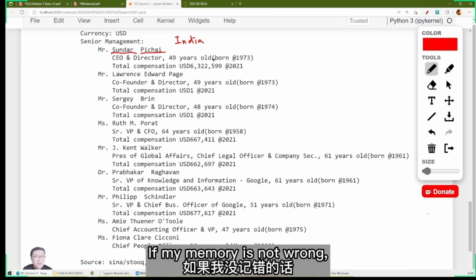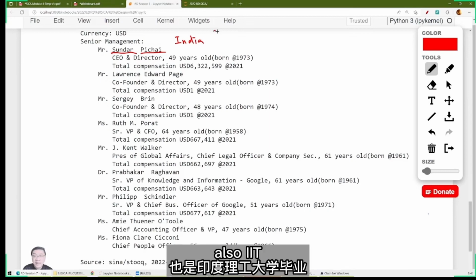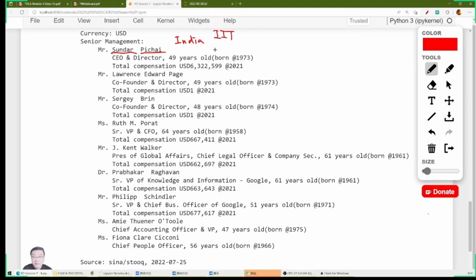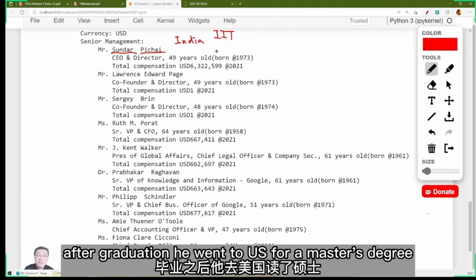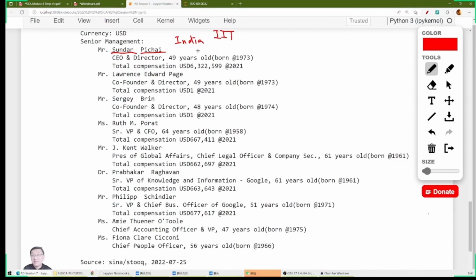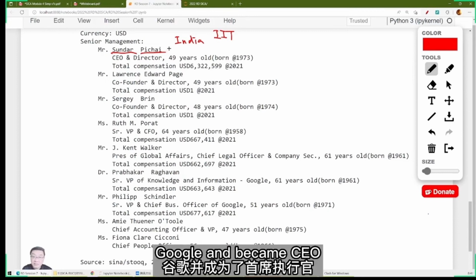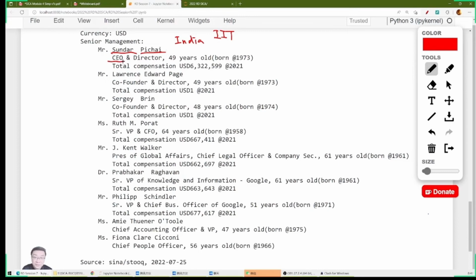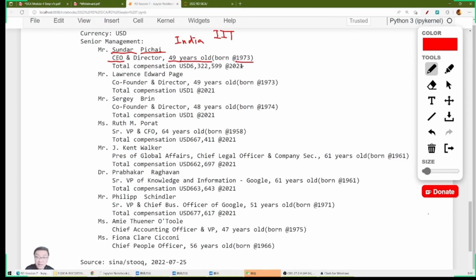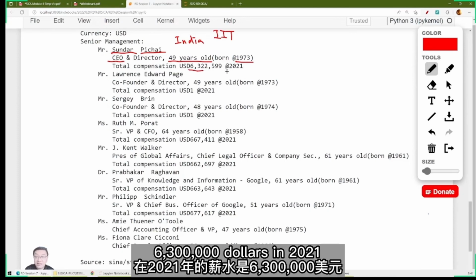If my memory is not wrong, also IIT, Indian Institute of Technology, very famous one. And then later, after graduation, he went to US for a master degree and then joined some of the companies. Eventually, he joined Google and become CEO. He's now just 49 years old and born in 1973. His total compensation is not that high, it's $6.3 million in 2021.